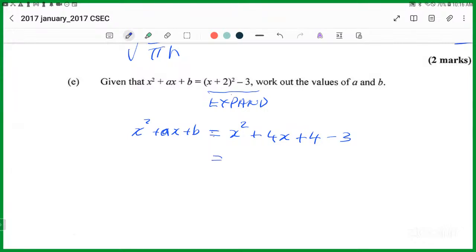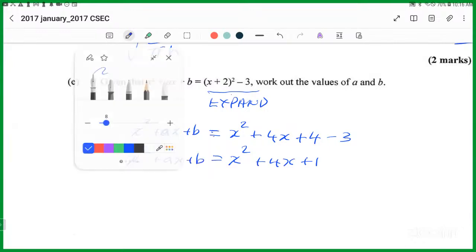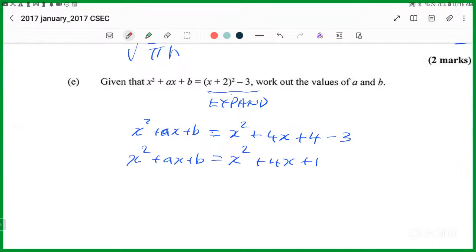And if we consolidate, we get x squared plus 4x, and this 4 minus 3 is 1. And that is the x squared plus ax plus b. So if you compare coefficients, then a is equal to 4, and b is equal to 1. So we can write that: a equals 4, b equals 1. And these are our answers.